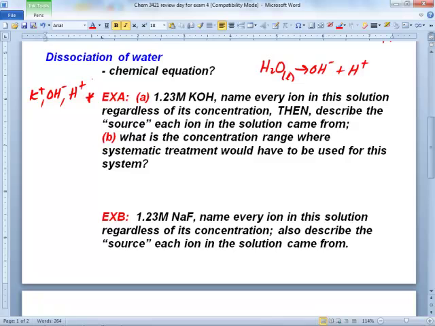Then describe the source each ion in the solution came from. Okay, Miriam, where's this stuff coming from that Adriana named off? The H and the OH, most certainly, they're coming from dissociation of water.